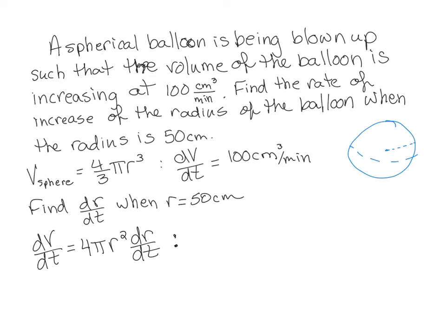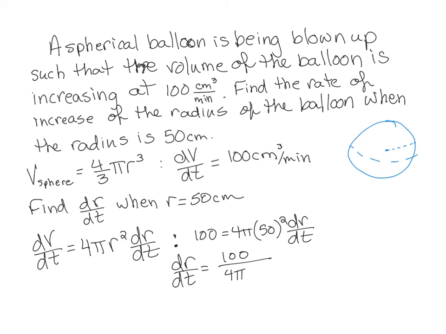Here we go. dV/dt is given as 100. 4 pi. r is given as 50. And we want to find dr/dt. So what we have is dr/dt is equal to that 100 divided by 4 pi and 50 squared. And I leave that unmultiplied because I'm lazy, as you've probably figured out.